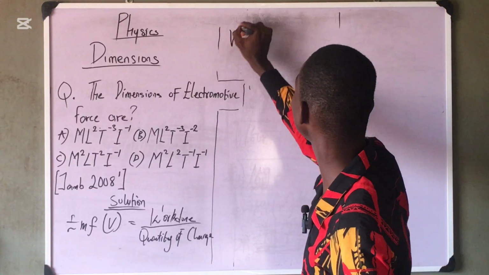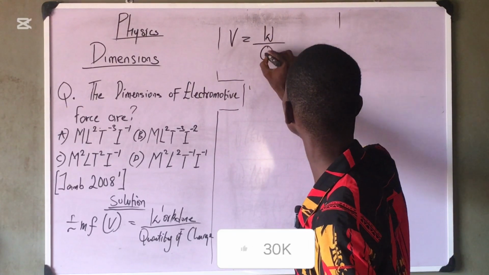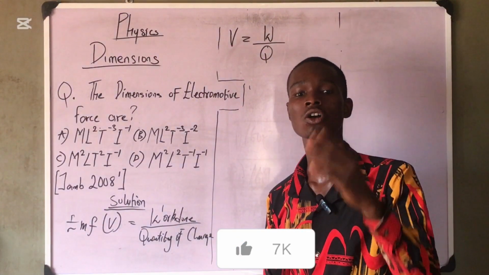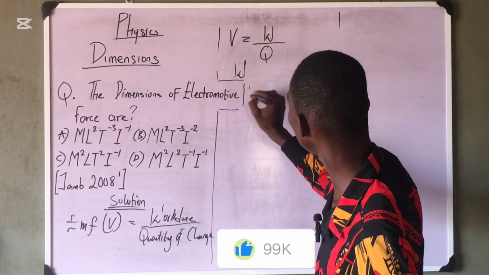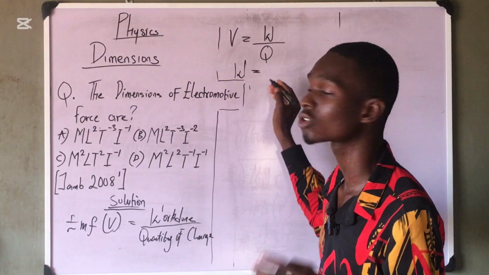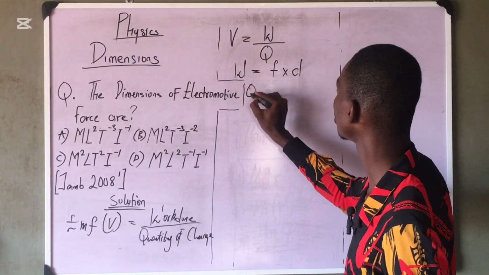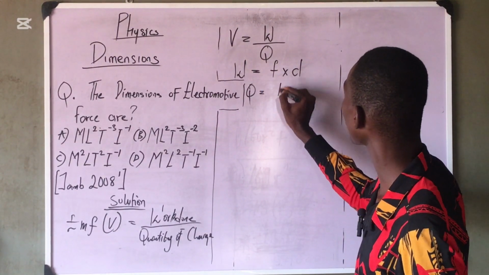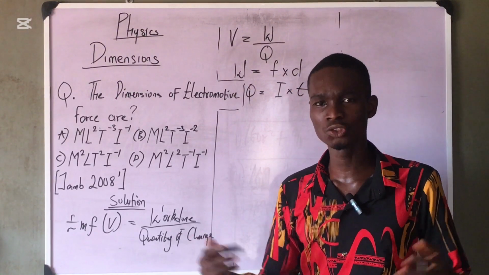If V is equal to work done over charge, you must recall that work done, the first statement is that work done is what? Force times distance. And charge is also what? Current times time. This is the first thing you must do.